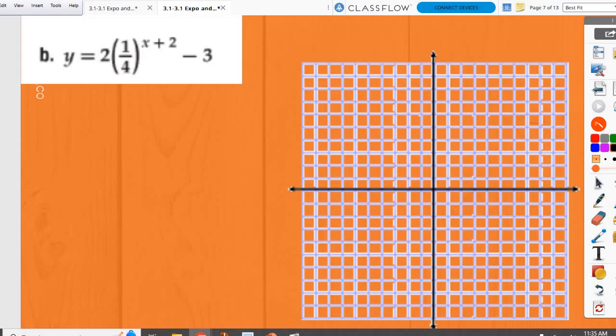Turn and check with the neighbors, see if you got a similar graph.